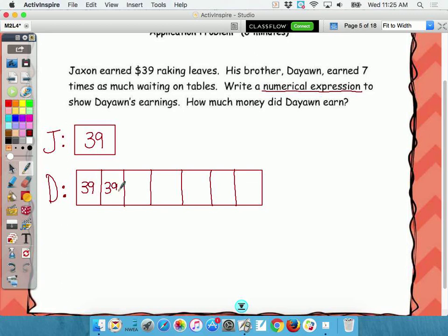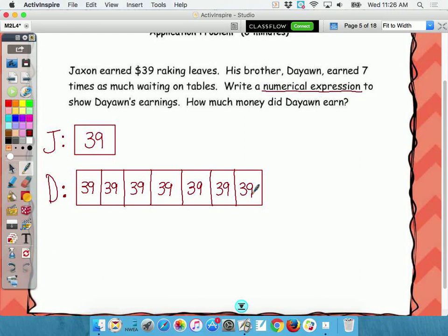And as I was walking around, I saw most of you doing that. In fact, I don't think I saw a single person who didn't. So the next step to solve the problem is write the expression. Brian, what expression would it be? And a numerical expression is going to be sort of like a numerical sentence.